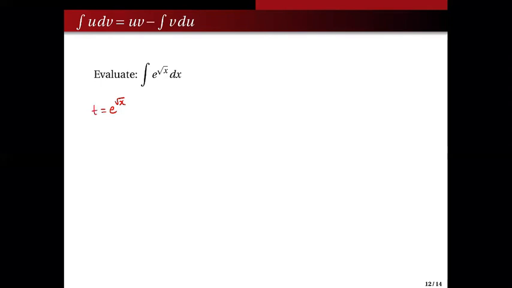So I'll be using t in here. Now, dt, this is equal to what? So derivative of e to the square root of x. Okay? We have e to the square root of x. Then by chain rule, we multiply this by 1 over 2 square root of x dx.